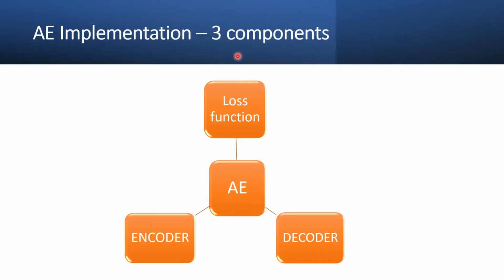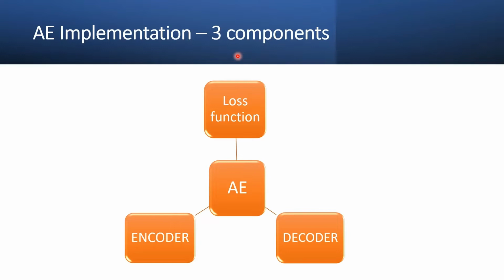So in order to implement autoencoder, basically there are three components. The first component is encoder, the second component is the decoder, which I have just explained, and there is something called a loss function. So the purpose of the loss function is to compare the difference between the encoded image and the decoded image.